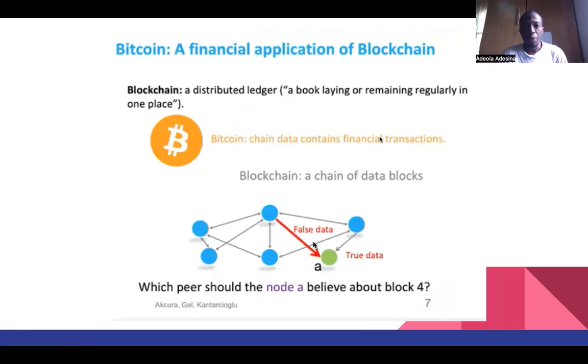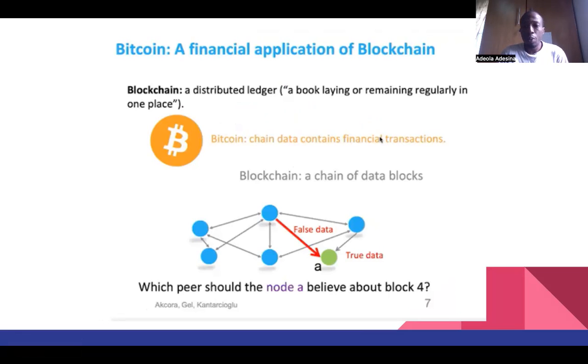Again, we've defined the blockchain as a chain of data blocks, right? This is a chain of nodes that generate data blocks. So blockchain is a chain of data blocks. And we've defined Bitcoin as a chain of data containing financial transactions.